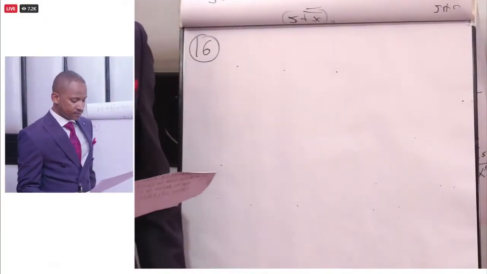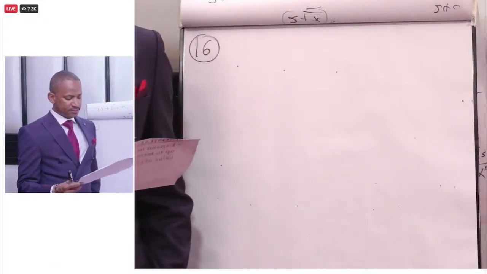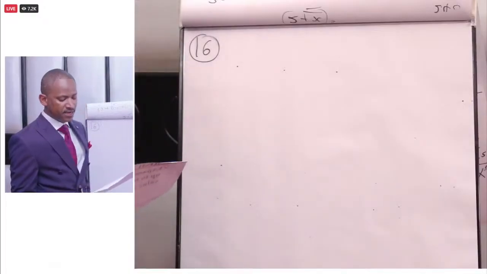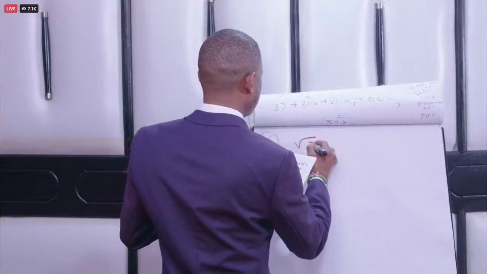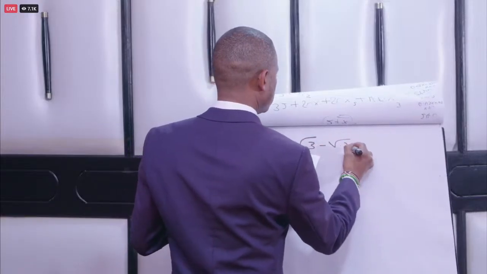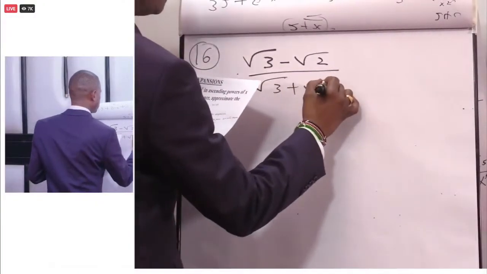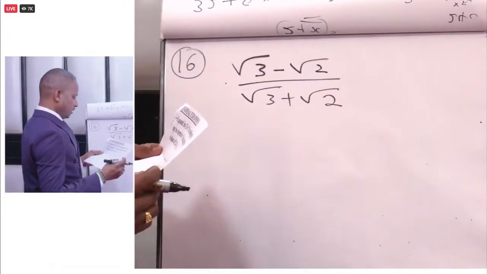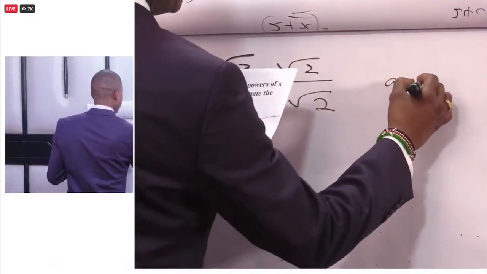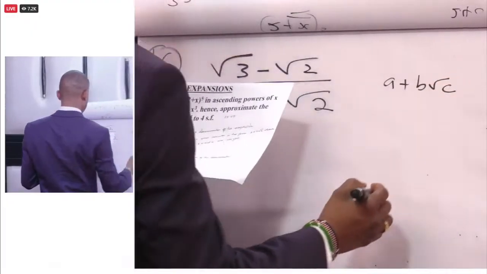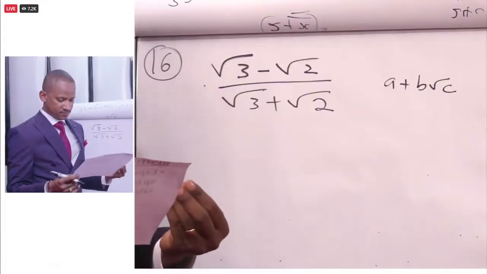The question states, simplify by rationalizing the denominator of the expression. The expression is on the board here. Root 3 minus root 2 divided by root 3 plus root 2. Giving your answer in the form of a plus b root c, where a, b, and c are integers.